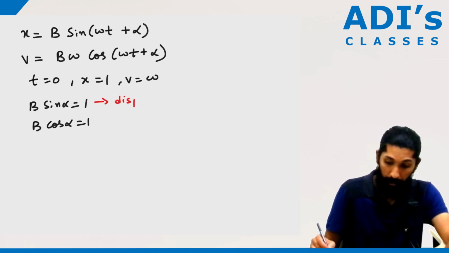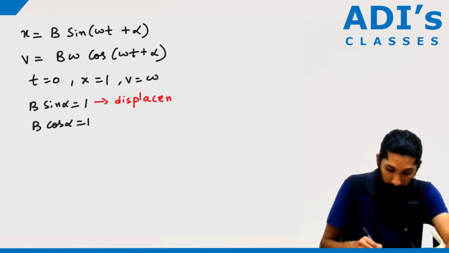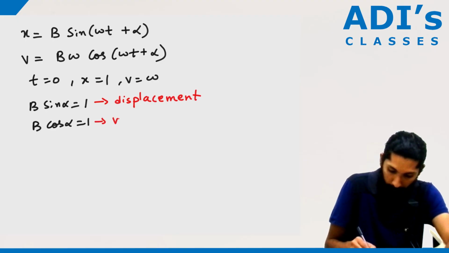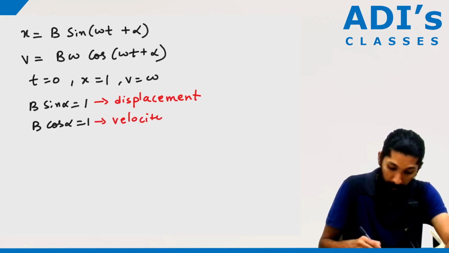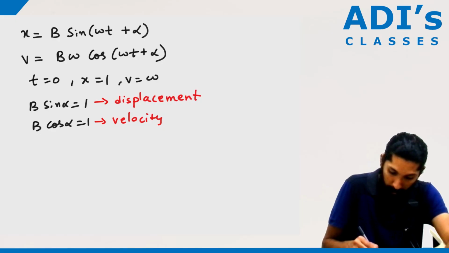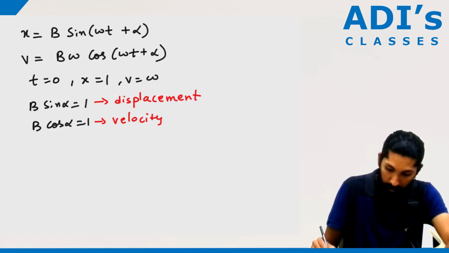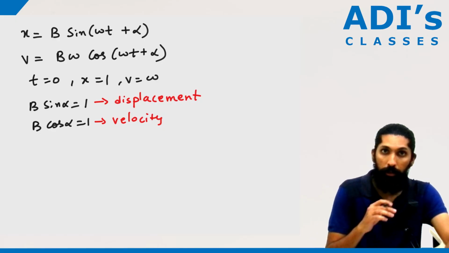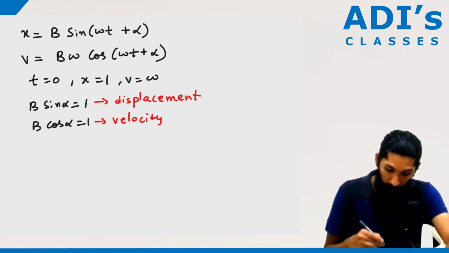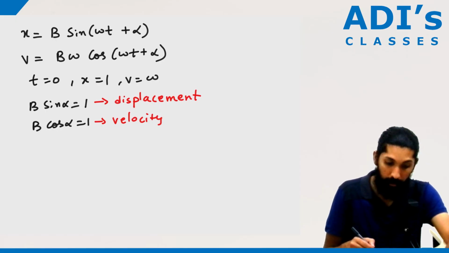Remember, the first one is with respect to displacement, and this is with respect to velocity. Just like the previous one, do the same logic. Displacement you have, velocity you have.